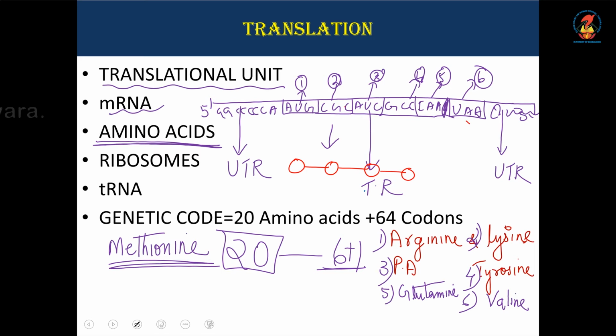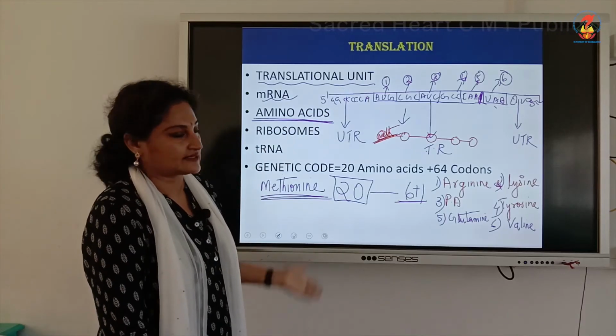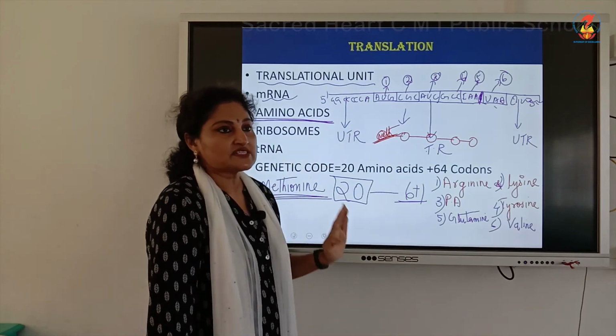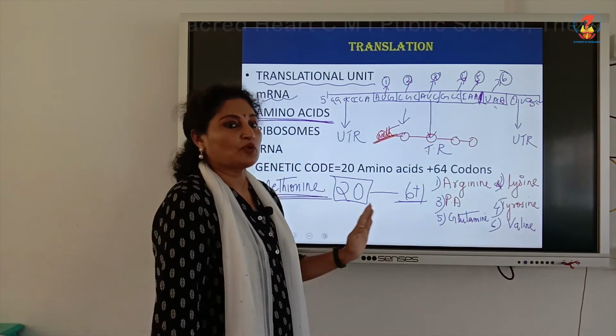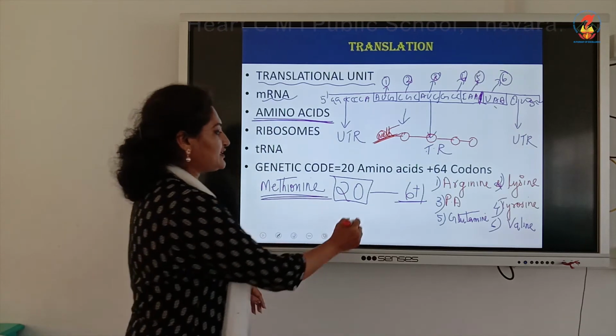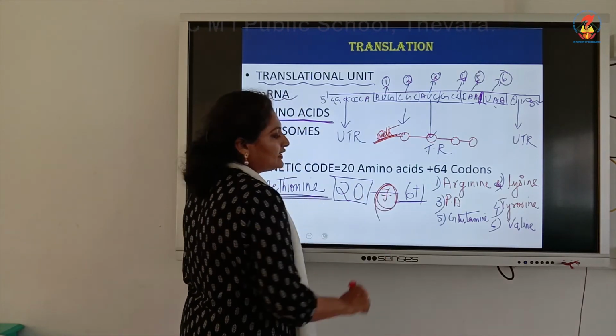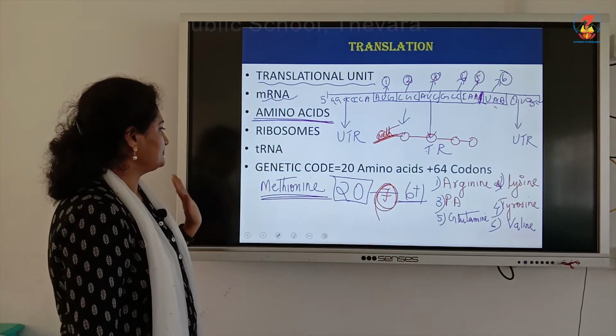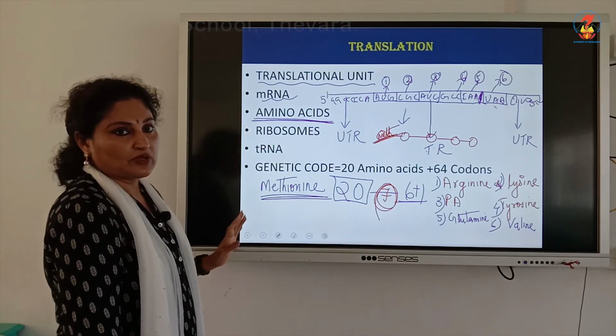The stop codon will not have an amino acid, so there will be 5: 1, 2, 3, 4, 5. And the first amino acid is always methionine. Remember, for any protein, the first amino acid is methionine. It combines with AUG. We will be learning that in translation. As of now, remember, the first amino acid in any protein is methionine. So, we have 7 amino acids that you have to learn for the 12th standard NCERT. So, that is about the amino acids.